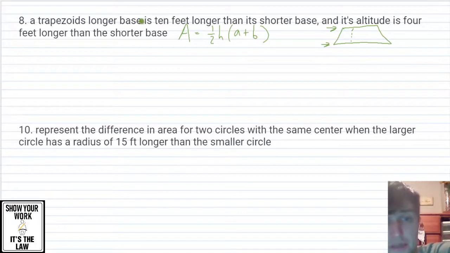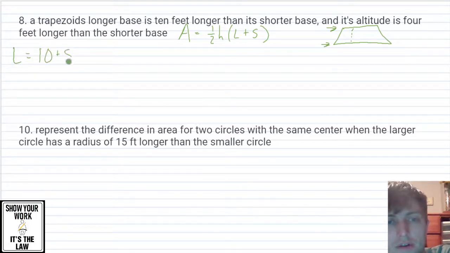All right, so a trapezoid's longer base, so let's just go ahead and call this longer and shorter so we don't have to remember. So the longer base is 10 feet more than the shorter, okay? And its altitude, or the height, we can call that the altitude for the sake of this problem.